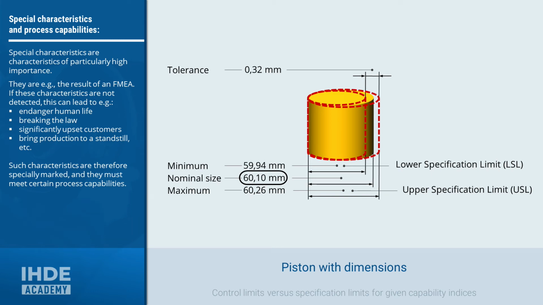When calculating the process capabilities, on the other hand, the specification limits of the characteristic must be taken into account. Usually, these already exist and are tailored to the function of the component or the product. Here, we choose the opposite approach and set the specification limits in such a way that a given process capability is met. The result has already been anticipated here in the dimensioning.